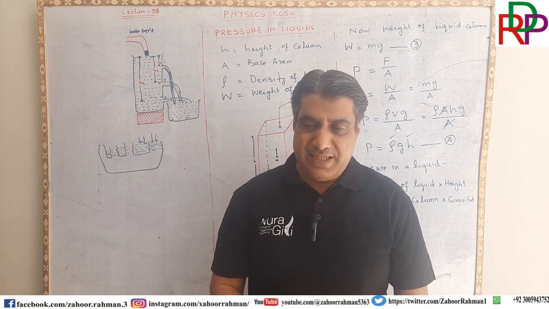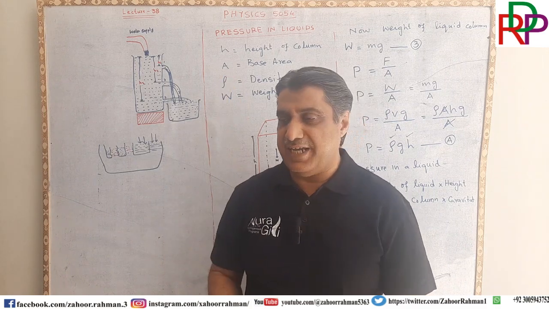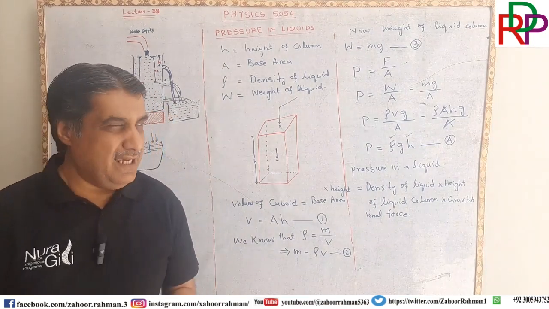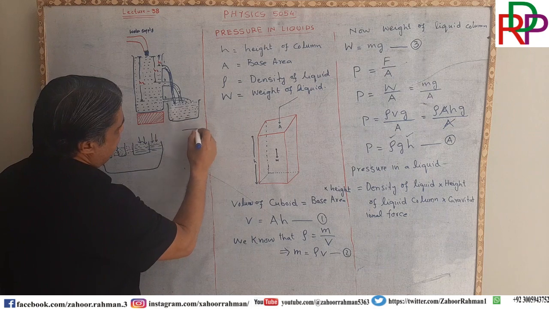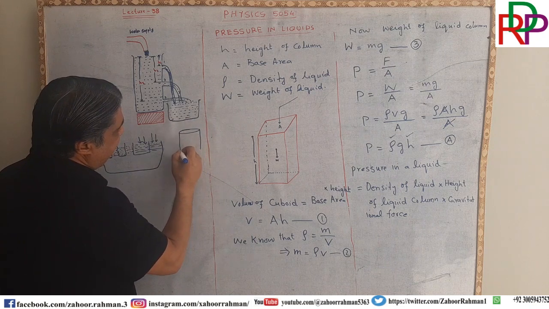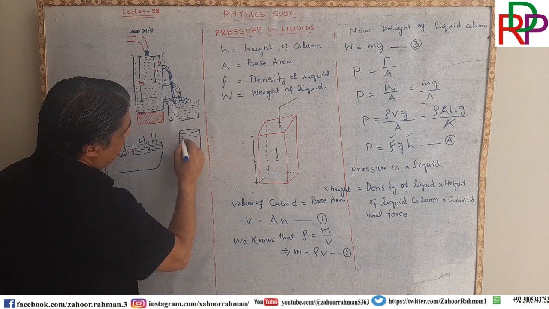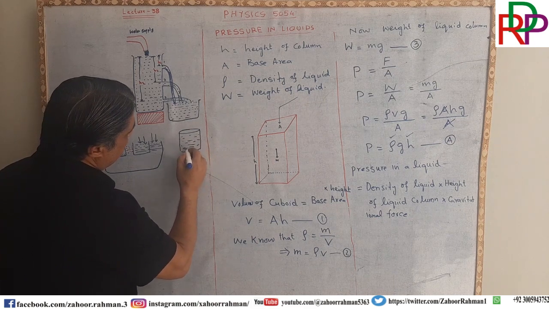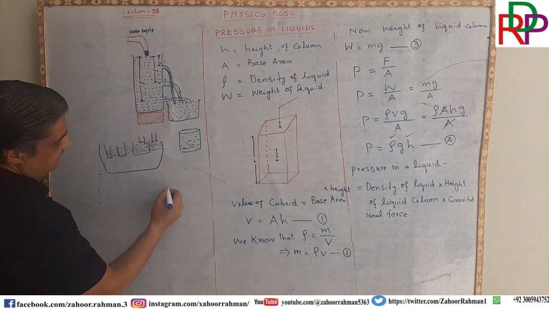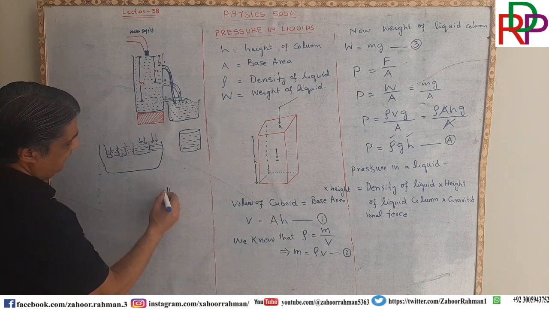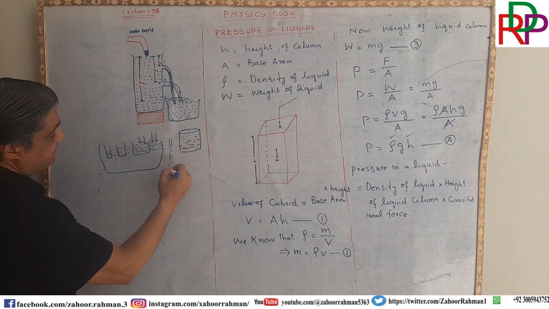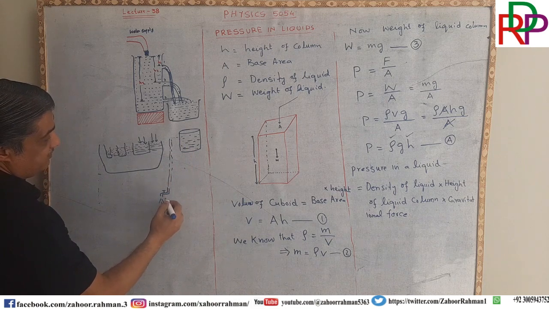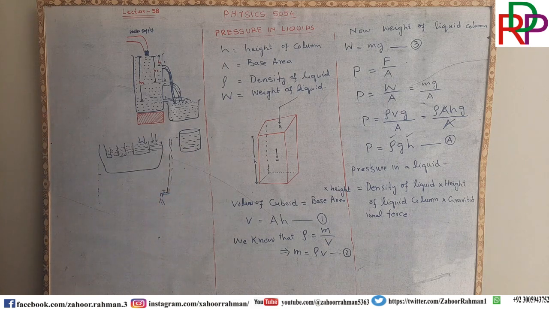Let me give you another example. If there is a water tank at the top of your building roofs and there is a water tap, this water will come with greater pressure here because it is far below.